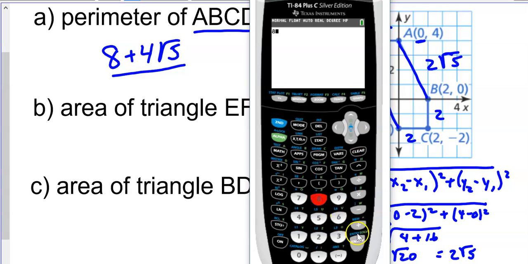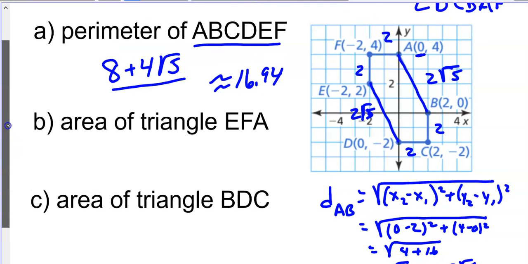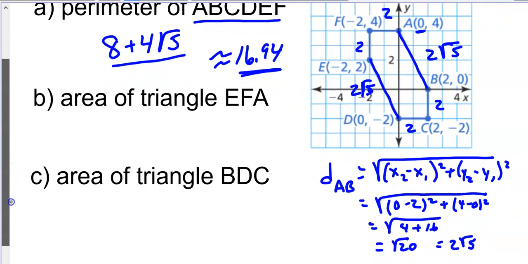It'd be 8 plus 4 root 5, which would be approximately 16.94. In this case, I don't specify in the directions, so I would actually take either answer here. But again, exact form, no rounding. If I ask you to round, just follow the decimal places.